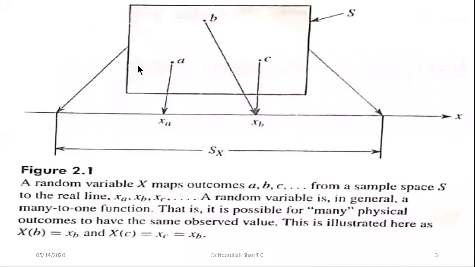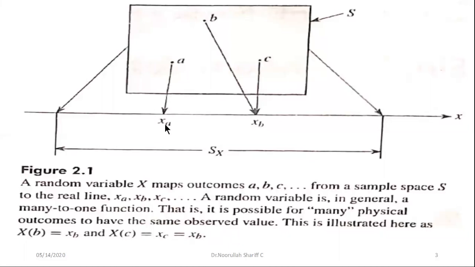Now this is how it looks. This is the sample space, whereas this is the real values Sx. From A, B, C, which belong to S here, you can have X(a), X(b), X(c) and so on, which belong to Sx.